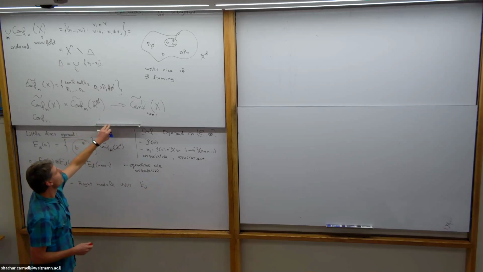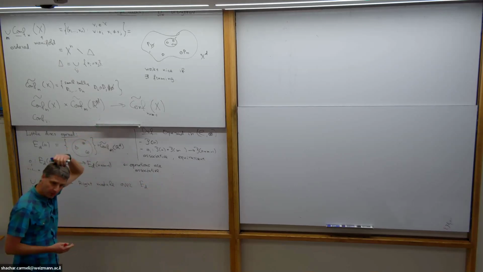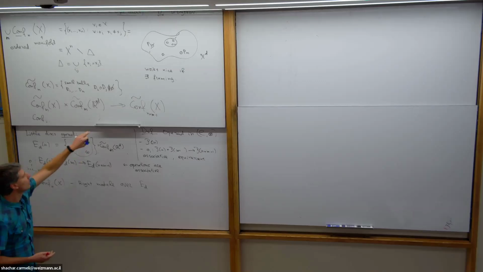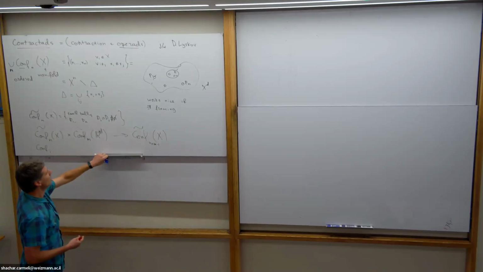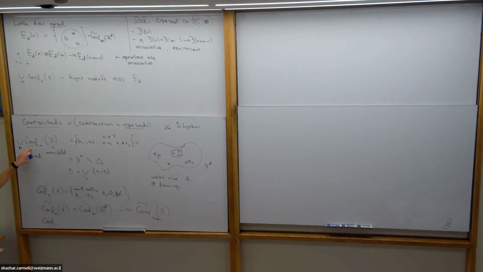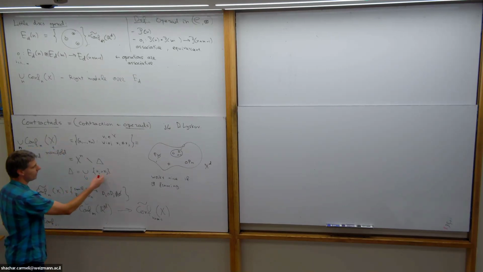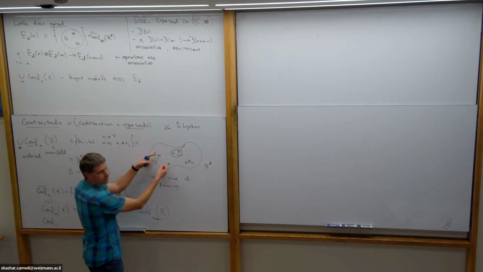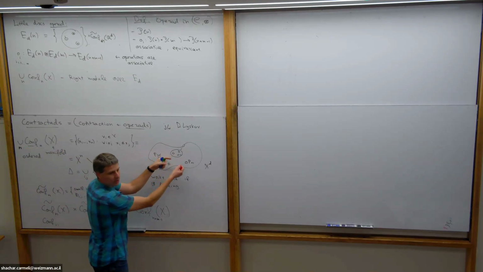So now let me allow to consider a bit more general configuration spaces, such that I allow the points to collide. So I'm saying that some points may collide and some points may not collide.